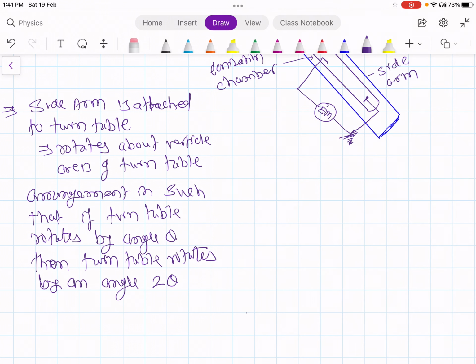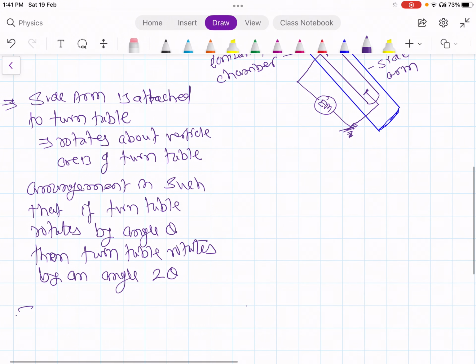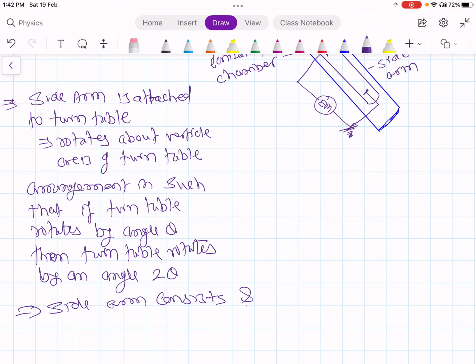So let me write: the side arm consists of a slit S3 and an ionization chamber.